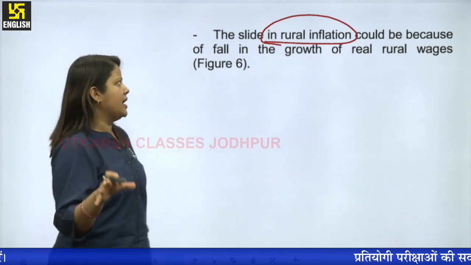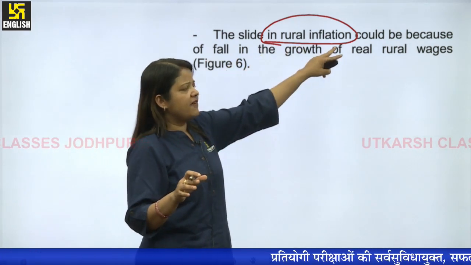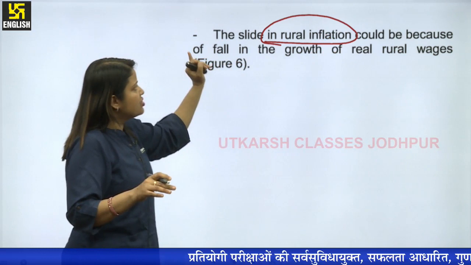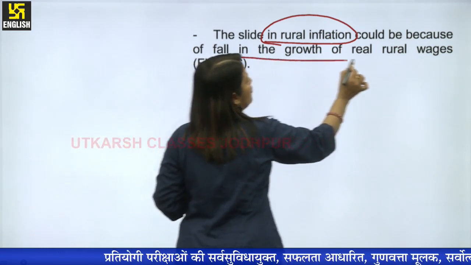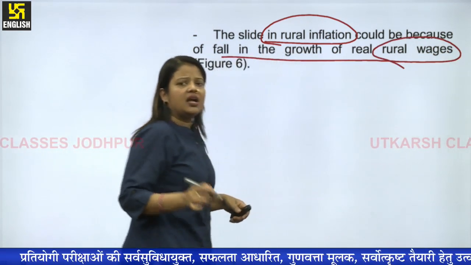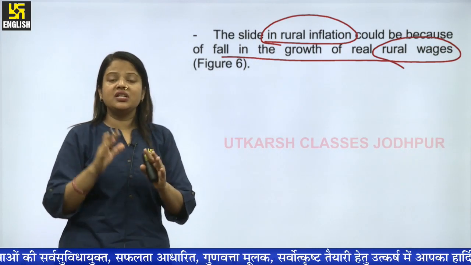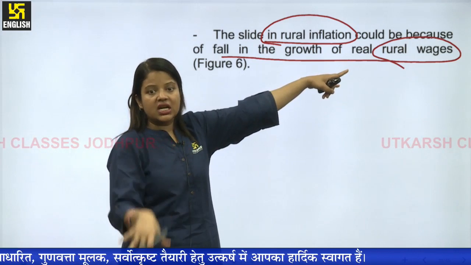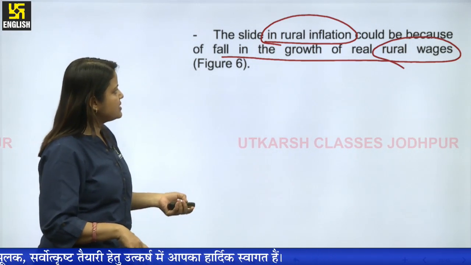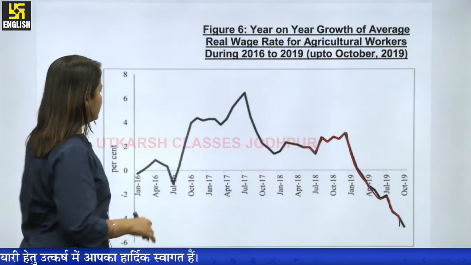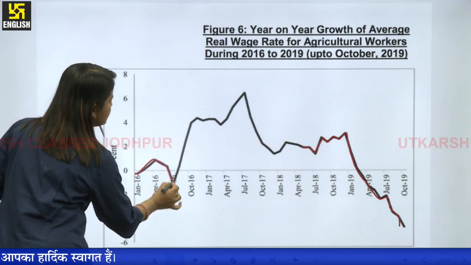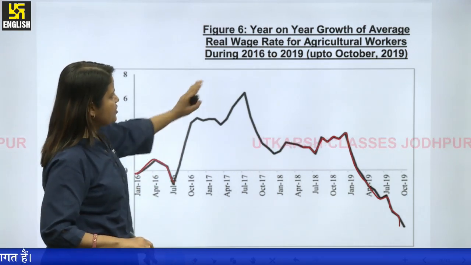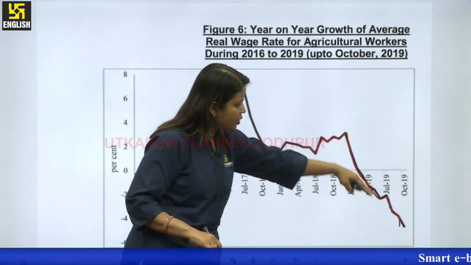What is the reason behind that? The slide in rural inflation could be because of fall in the growth of real rural wages. It doesn't mean that the productivity increased. The real culprit was the rural wages, the decline in rural wages. So this is very clear from this curve. We see that the rate of wages in the agricultural labor goes down.